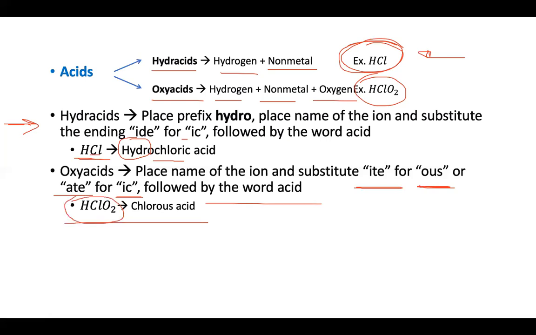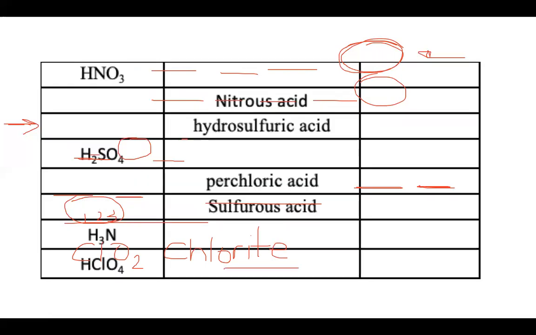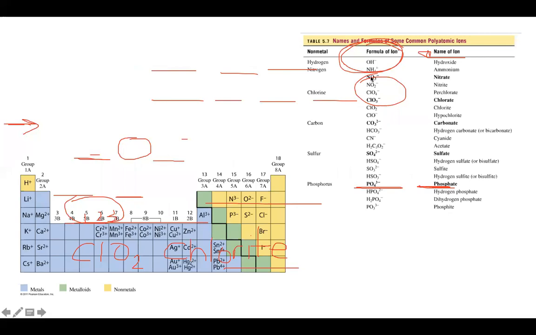For example, here we have HClO2. It's a tertiary acid or an oxyacid because we have three different elements, one, two, three, and one of them is oxygen. So what we have to look for is the polyatomic ion, ClO2. If we look in our chart, we will see that ClO2 stands for chlorite. If you don't believe me, let me see where it is here. ClO2, it's here, and it's chlorite.